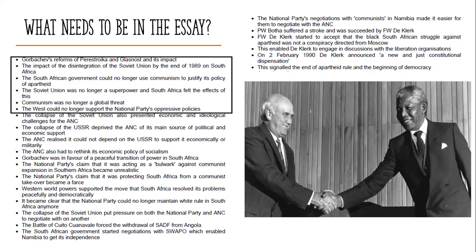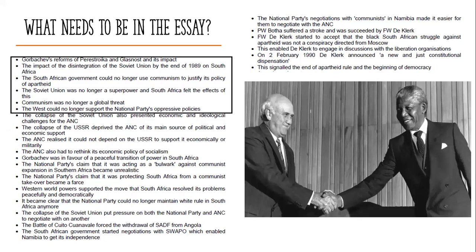Communism was no longer this global threat, like everyone was scared, you're going to become a communist. We need to stop South Africa from being communist. And because of that, the West, particularly countries like America, Britain, etc., could no longer support the National Party's oppressive policies. So America and Britain were not necessarily supporting South Africa during apartheid because they agreed with what was happening in South Africa, but a lot of countries in the West thought that the ANC and the SACP and the PAC were communist parties and they were going to turn South Africa into a communist country.